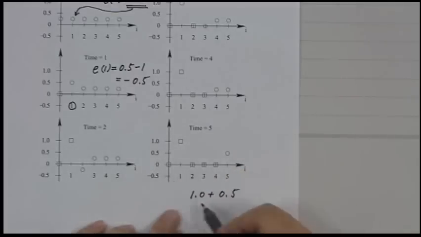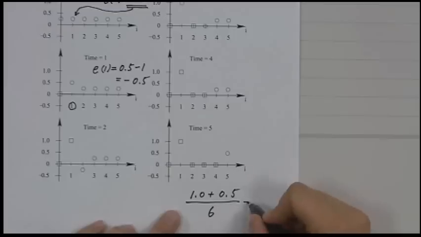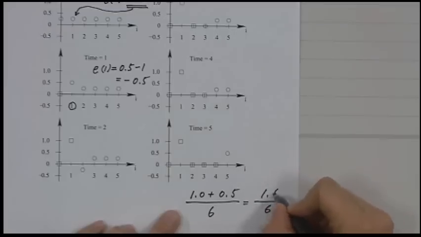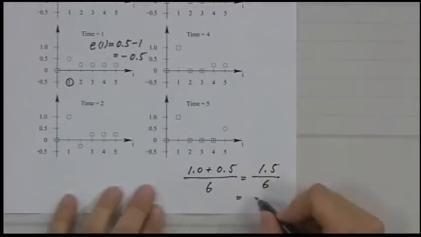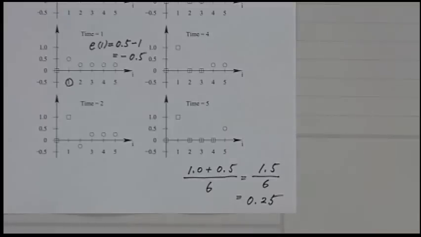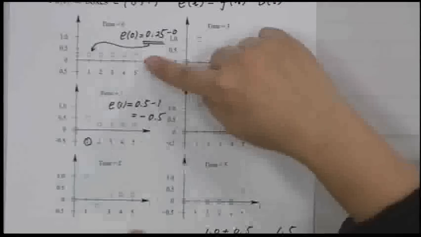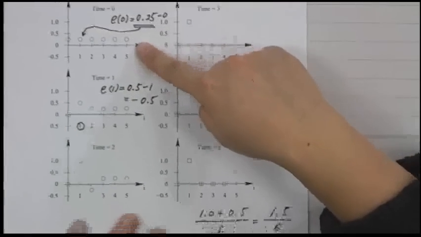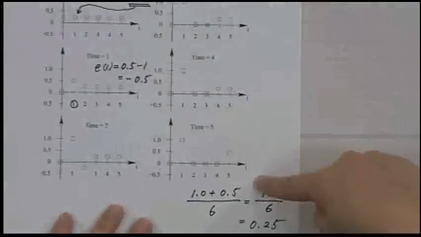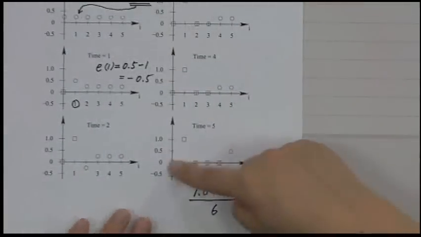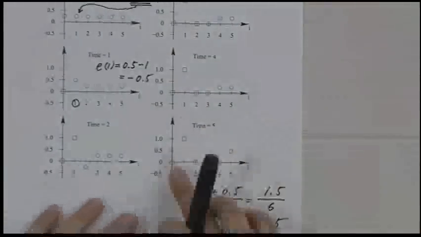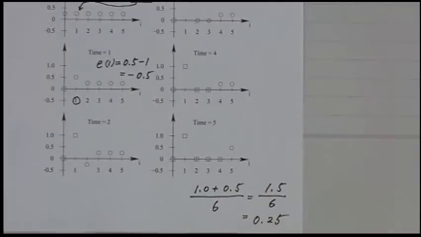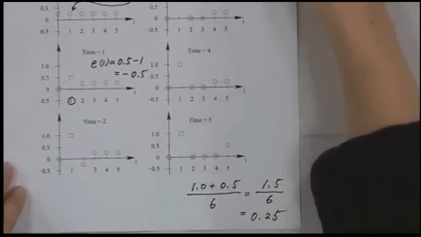It's 6 data, so the average is 0.25. Look at the original signal: the average is 0.25. So the average value was maintained even though we manipulated each data a little bit. So this is the 1D case of the error diffusion.